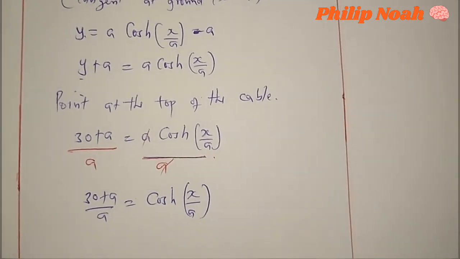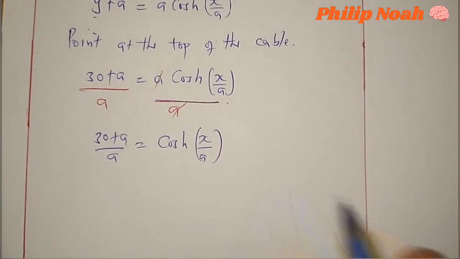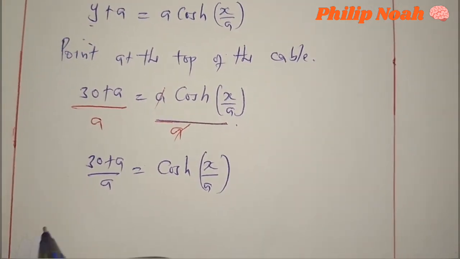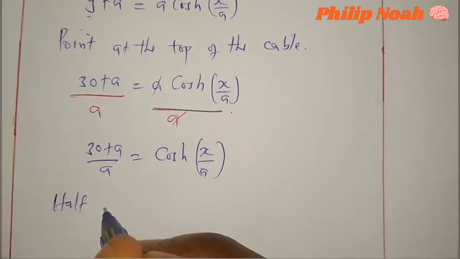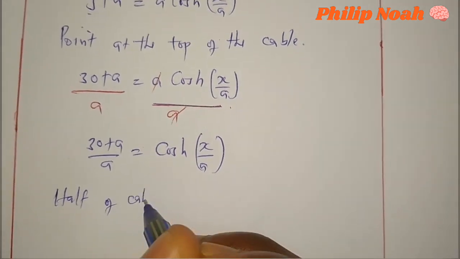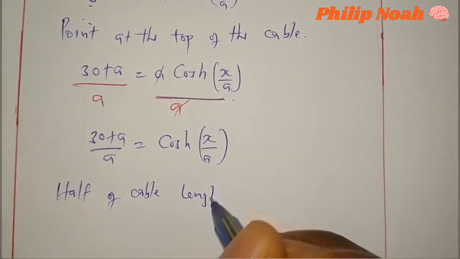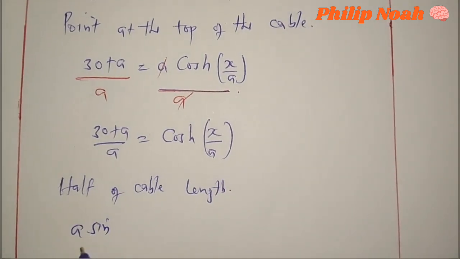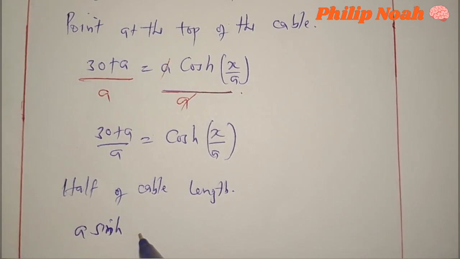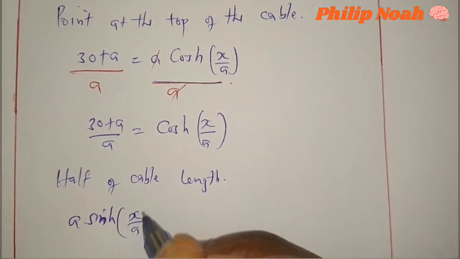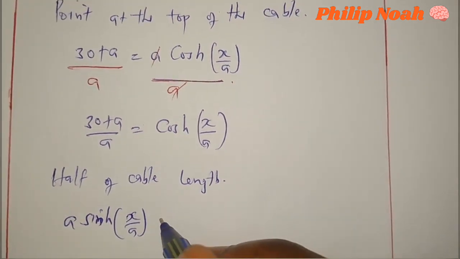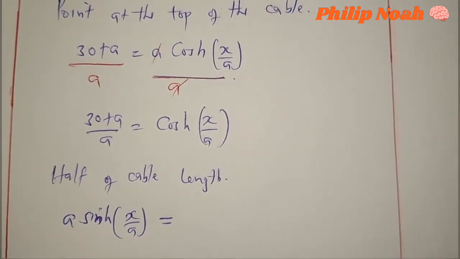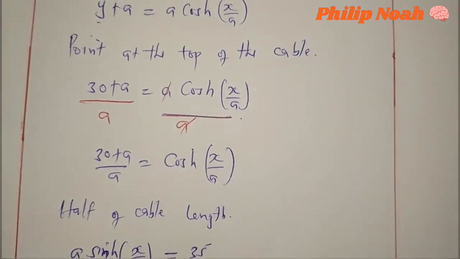After that, I'm going to develop an equation for half of the cable length. That is a sinh(x over a) equals 35.